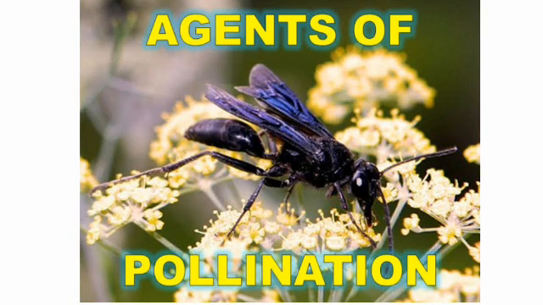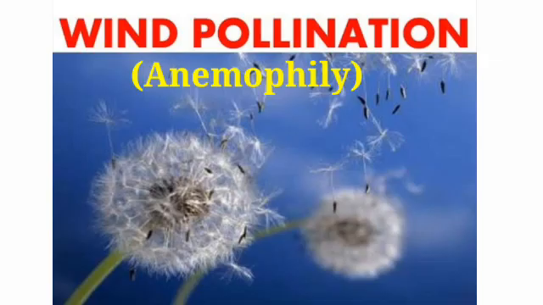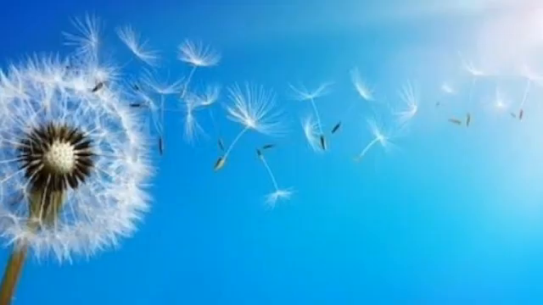Pollination takes place through different agents. First one is pollination by wind, anemophily. The flowers pollinated by wind are mostly small in size and do not have any attractive color, smell and nectar.